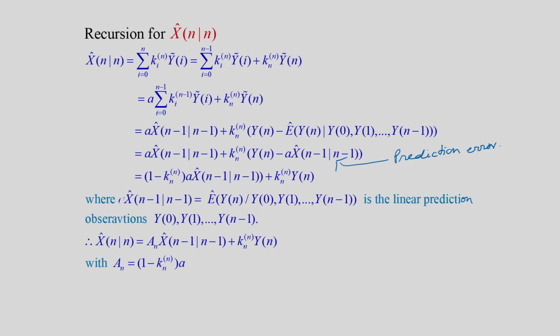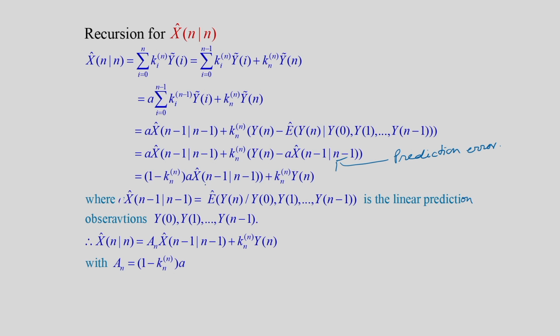And that we can write in terms of data itself, that is (1 − k_n^n a) times x hat n minus 1 given n minus 1 plus k_n^n times y_n. So, this is the gain factor, Kalman gain, which is weighing the data.